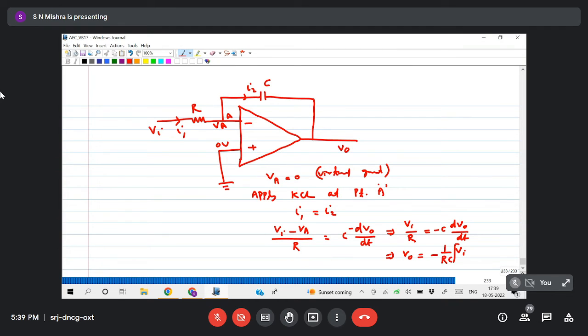On the left side d by dt cancels, and on the right side I'll get Vi with respect to dt, with limits 0 to t, plus some constant. So the output voltage is integrated here. Whatever input voltage we give will be integrated with a factor minus 1 by RC. So that's why it is called an integrator.